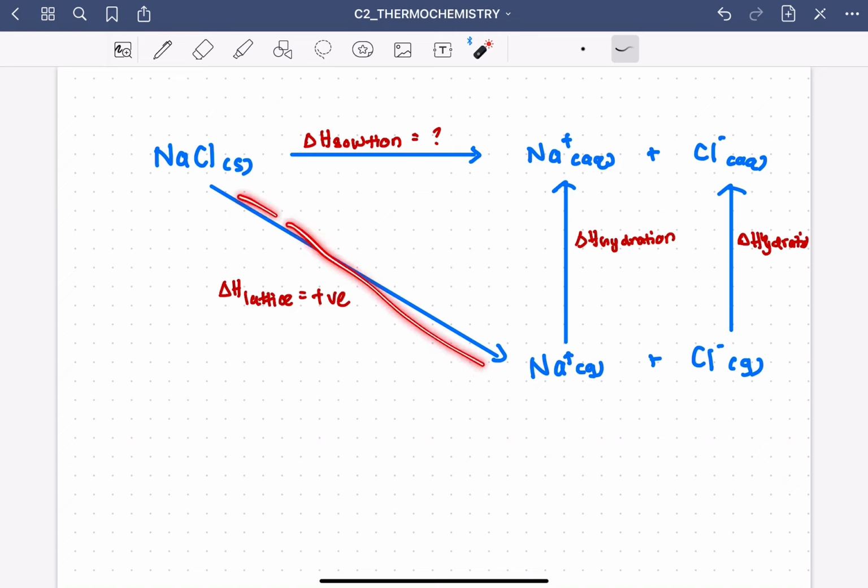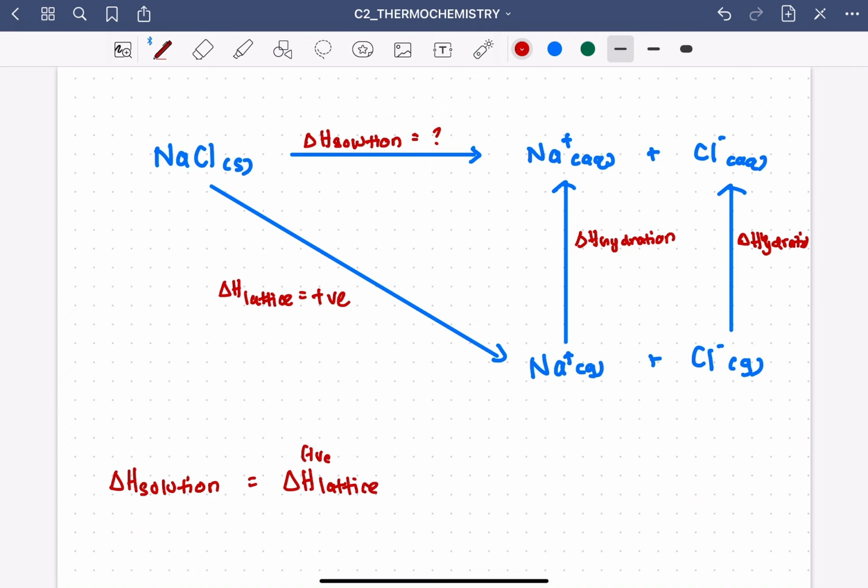This is arrow 1, arrow 2, and this one is the sum of it. In other words, the enthalpy of solution is equivalent to the enthalpy of lattice, which must be positive because it is breaking up, plus the enthalpy of hydration for sodium ion plus the enthalpy of hydration for chloride ion.